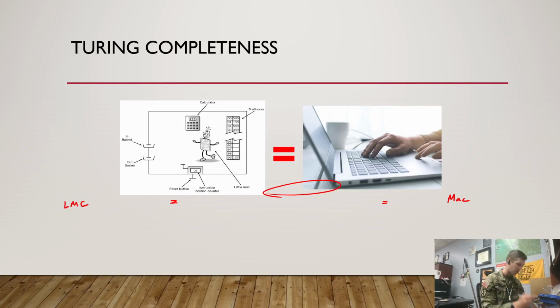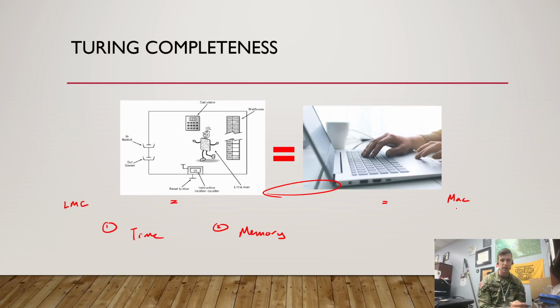The only two caveats that'll probably help explain this are that we say the little man computer and the laptop are equivalent if given enough time and memory, and those are two really big caveats, right? So what we're saying is that there is nothing mathematically, conceptually different about these two computing devices that lets one do any more than the other.